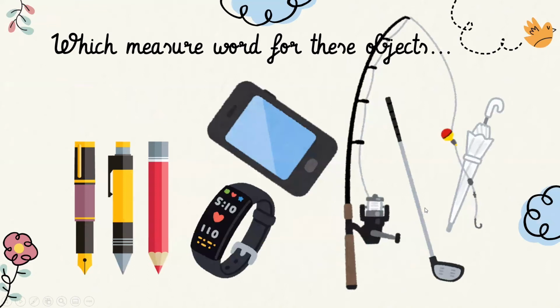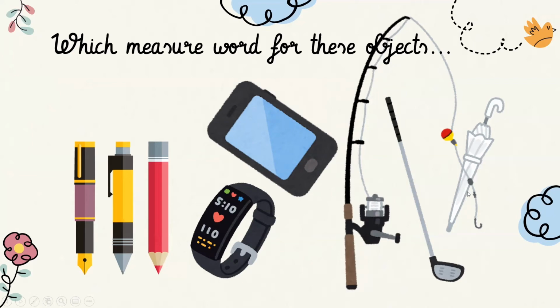And then the next one, so tell me which measure word for these objects. What do they have in common? Yes, they are all bar-shaped objects, right? The pen, pencil, a watch, even the cell phones. If you go fishing, you need this one.